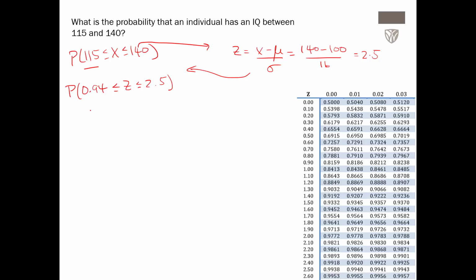Right, and so now we need to rewrite this probability statement in terms of less than or equal to probabilities. So remember, that's just the probability that z is less than or equal to 2.5 minus the probability that z is less than or equal to 0.94. If we go and look those values up in the table, 2.5, 0, right? So if we find that value in the table, that gives us 0.9938.